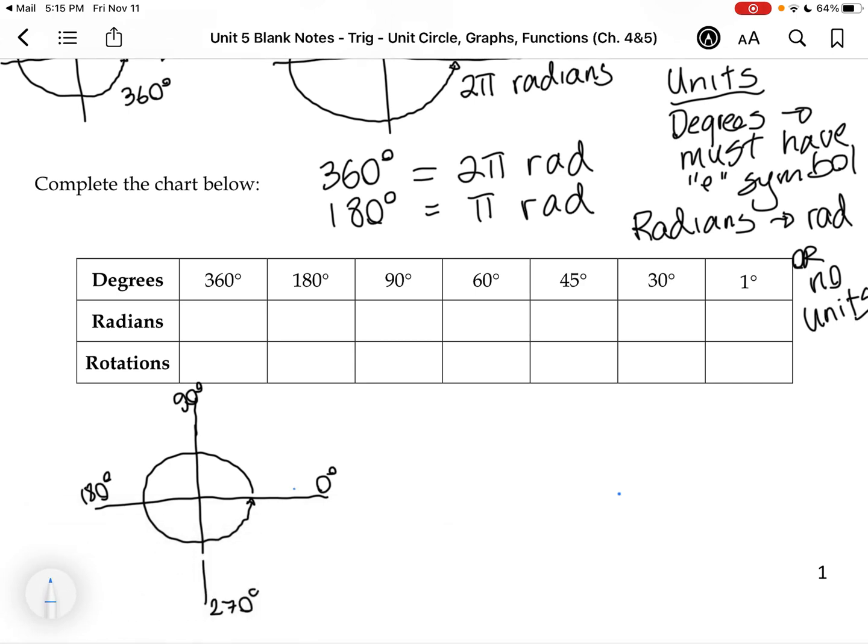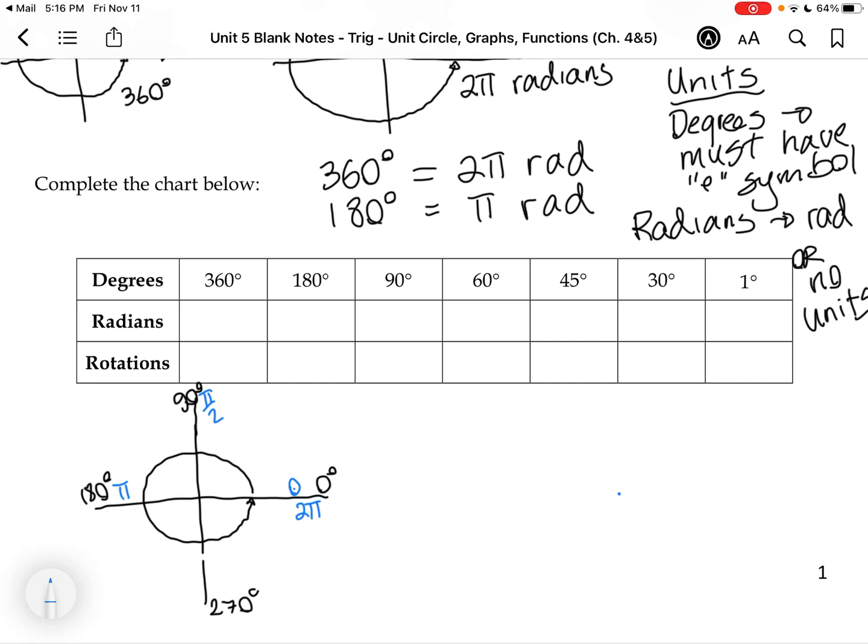Okay, this is still 0 radians. I'm going to leave the units out here so that it doesn't get too crowded. This would be 2 pi radians. So if 1 revolution is 2 pi, half a revolution is going to be pi. Between 0 and pi, the 90 degree angle is half a pi, or pi over 2.